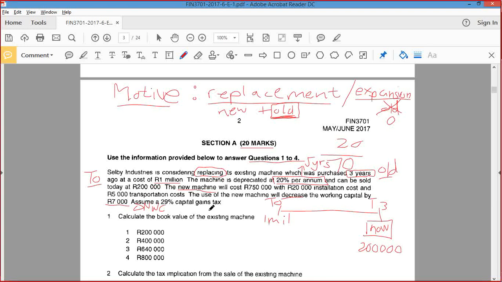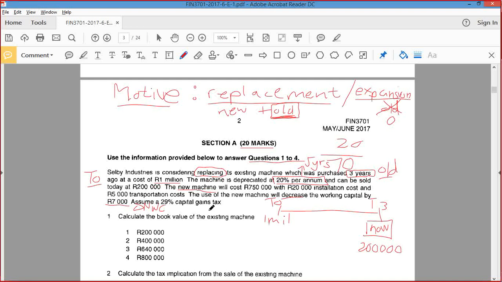The cash flow where you don't have outflows, just the normal inflows, is conventional, and you have non-conventional cash flows. You mentioned that in the 2016 exam. So would this be an unconventional cash flow? No, because there aren't any further outflows once we've purchased the asset.